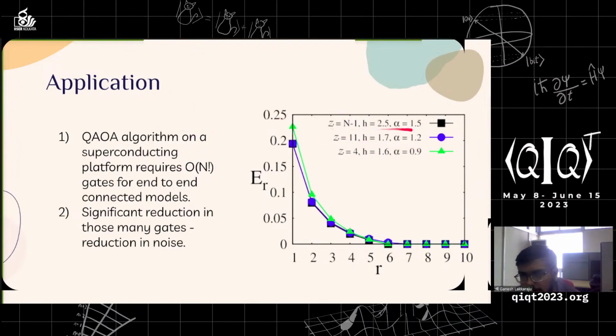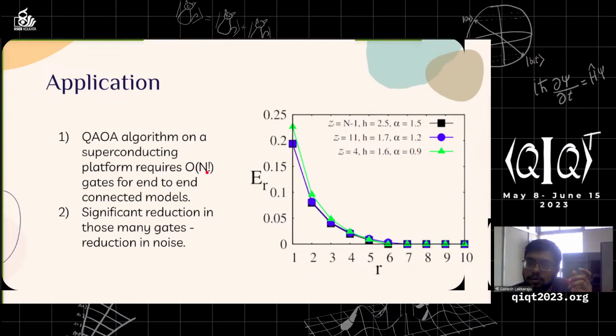If the model is fully connected, it would require order of n equal to 255 and its corresponding factorial number of connections, and these many gates.